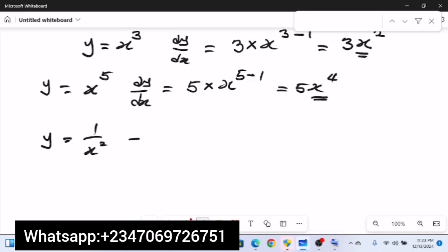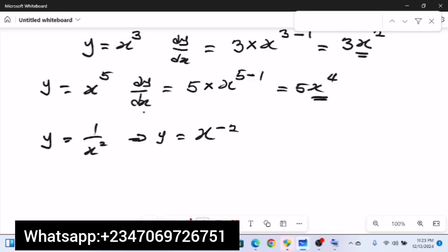That means I can rewrite y, instead of 1 over x to the power of 2, as x to the power of negative 2, by indices. Now I have my equation to be of the same order as I've been treating above.